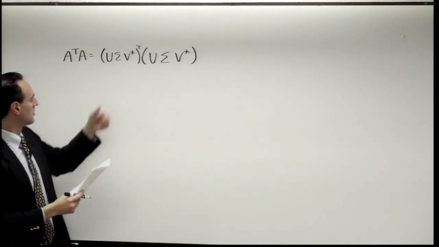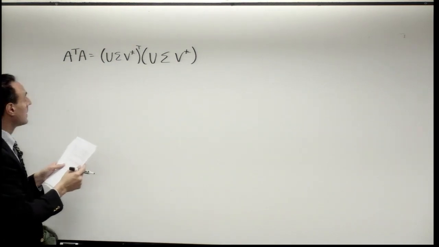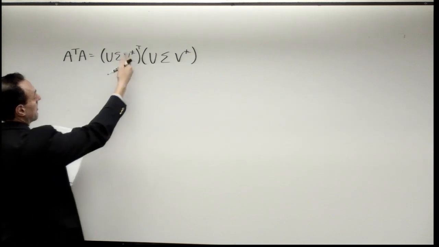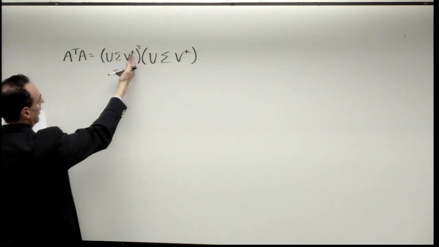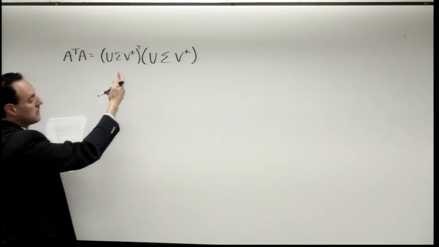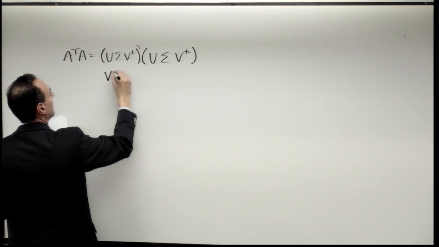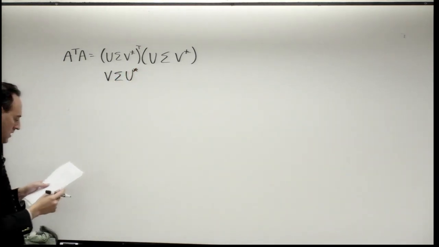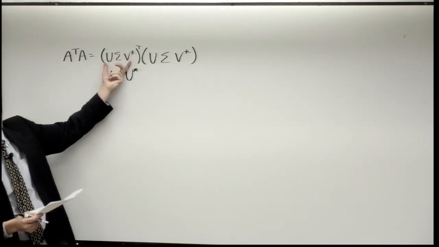The transpose switches the order, and it also takes stars, unstars it, and puts stars here, so then you get something like this, V sigma U star.